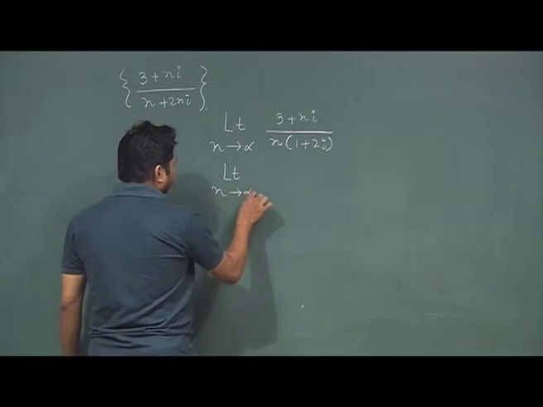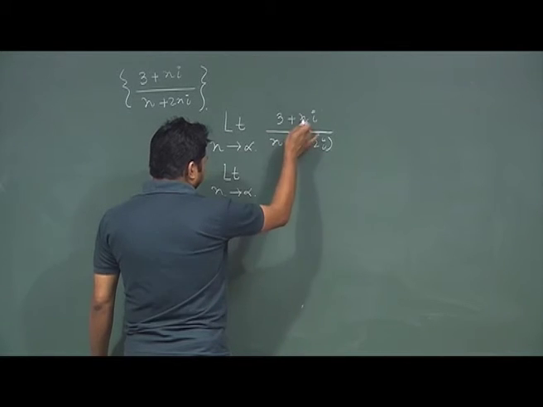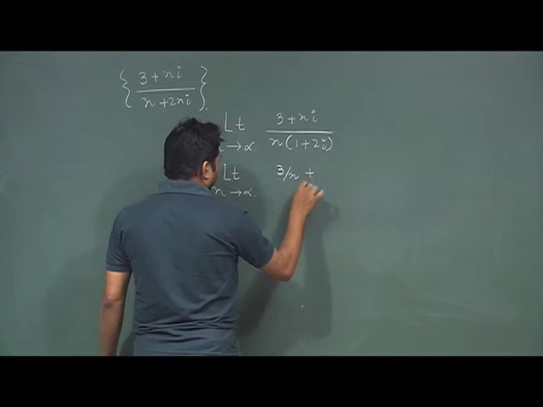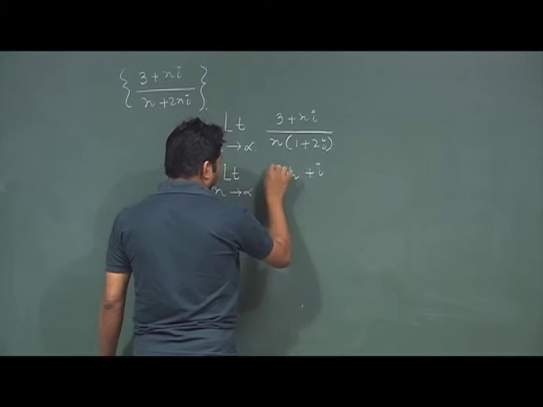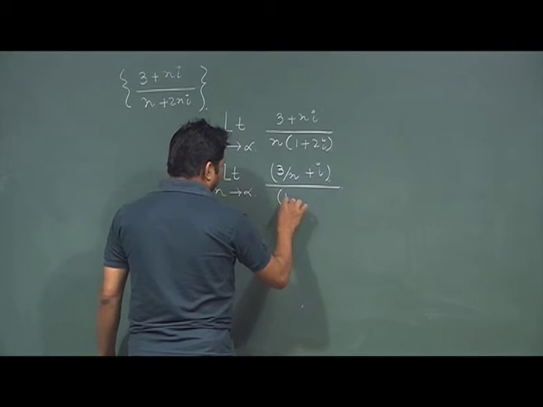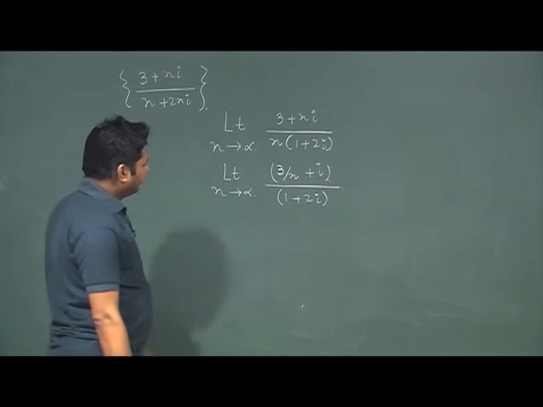If I take n common out of there, it will be 3 divided by n plus I, divided by 1 plus 2i.